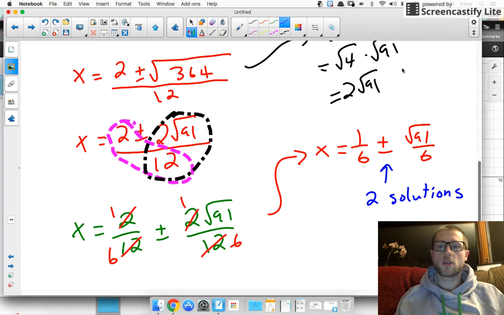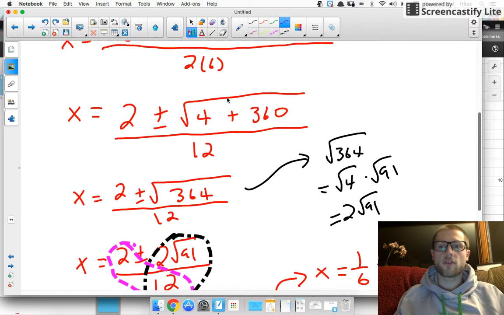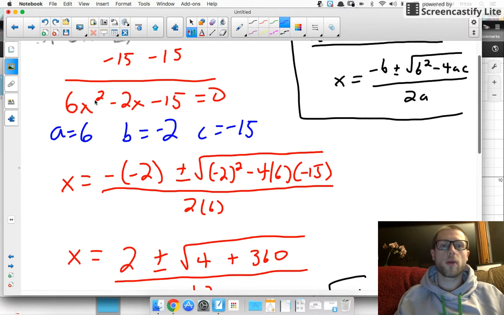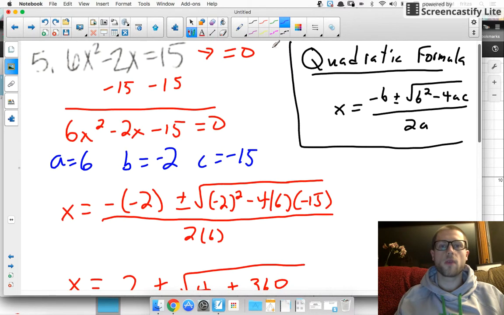So what I'm going to do is graph this equation, and I'm going to go back to when I set this equal to 0. If I wanted to make this not equal to 0, but equal to y instead, I can type in this equation and look for my roots.